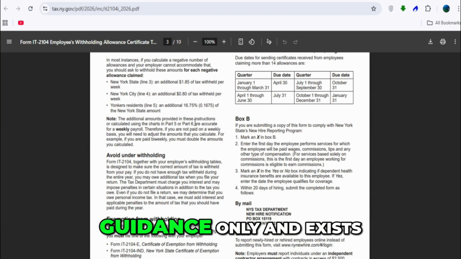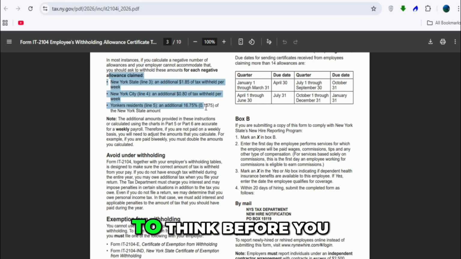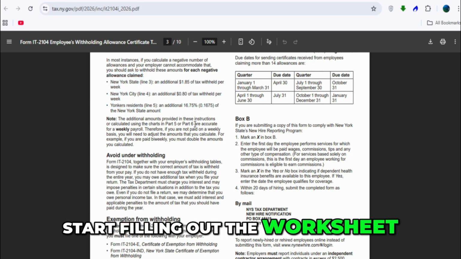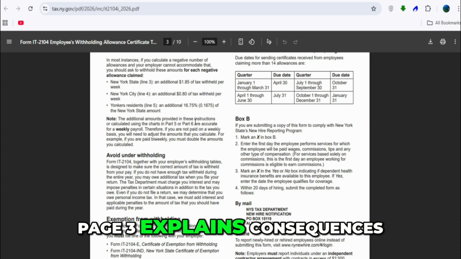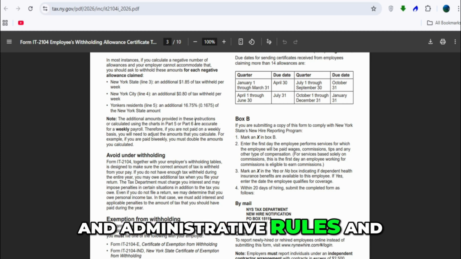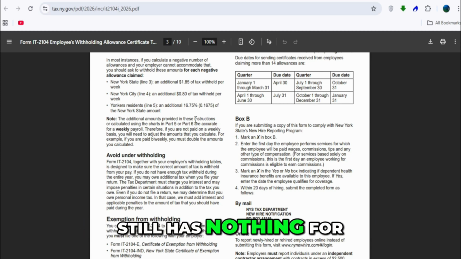So this page is guidance only and exists to tell you how to think before you start filling out the worksheet.